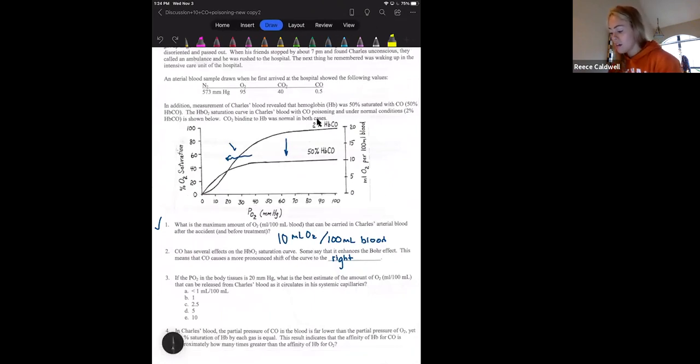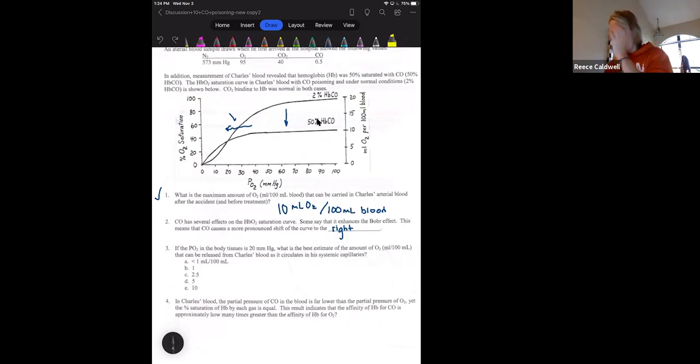It should say that the Bohr effect compensates for carbon monoxide poisoning, not enhances. But the Bohr effect itself will cause a rightward shift. So make sure you understand that carbon monoxide poisoning causes a leftward shift, but the Bohr effect causes a rightward shift because it's trying to compensate for that left shift that carbon monoxide poisoning caused.